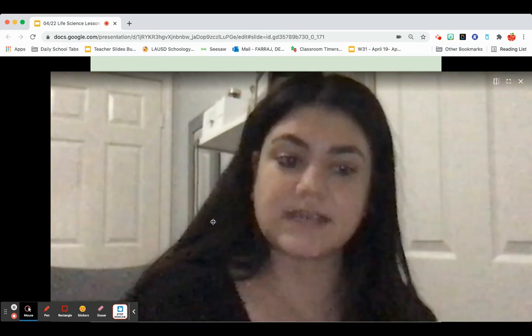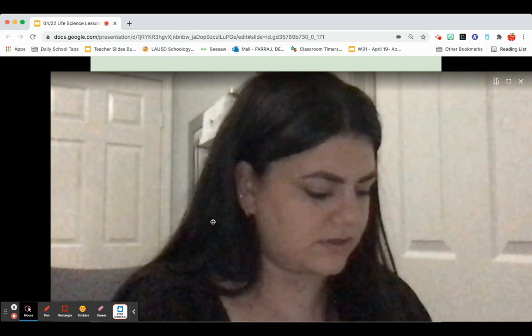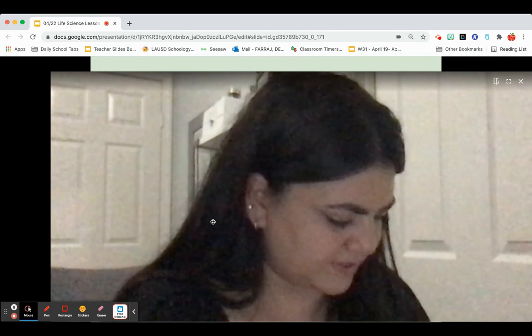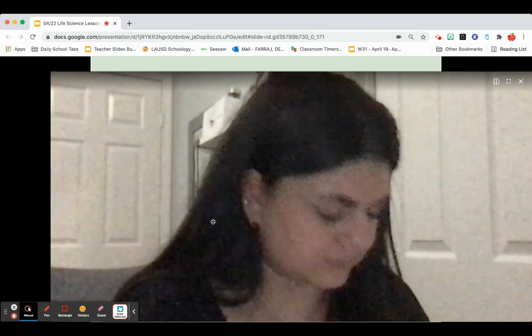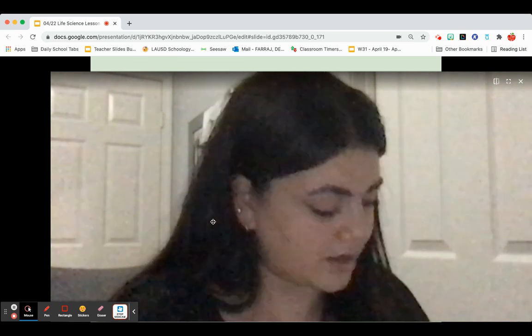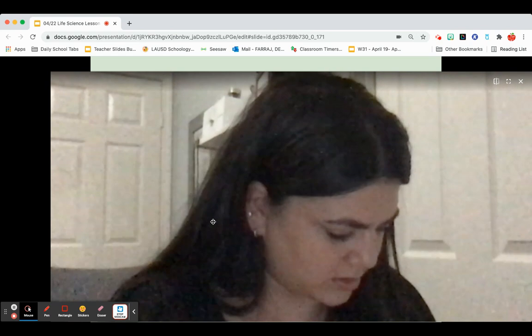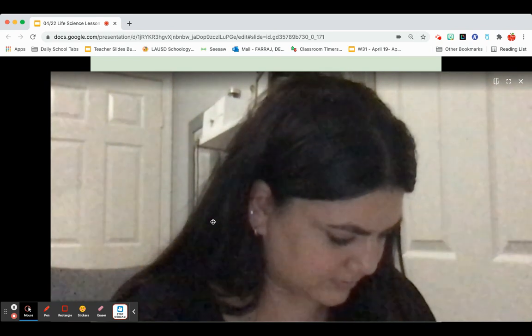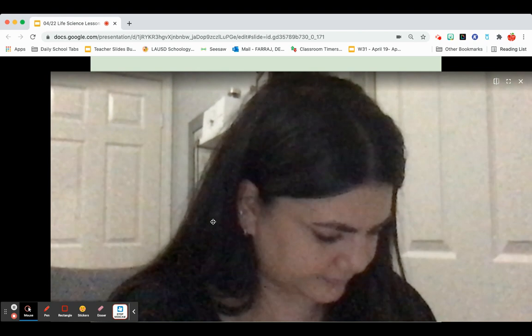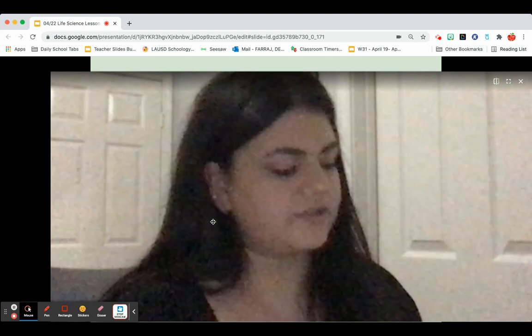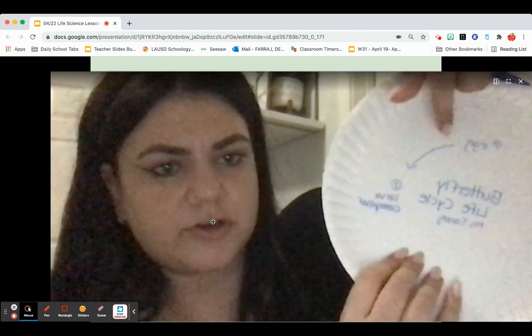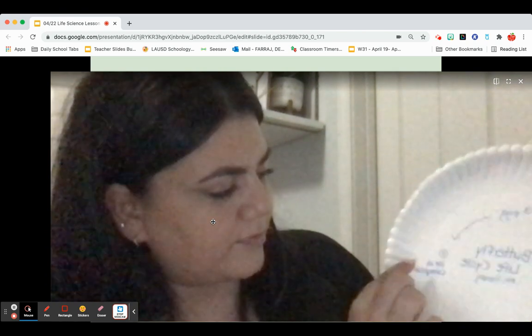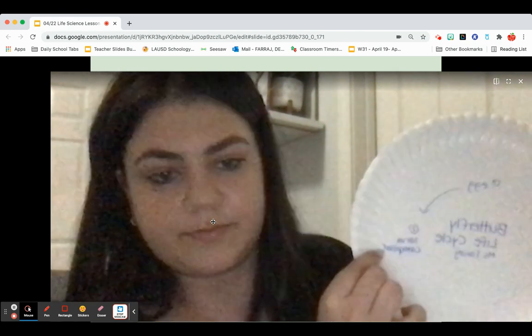Well, what's the next stage of the life cycle? After egg comes larva or caterpillar. So I drew my arrow to show that this is the next stage, and I wrote larva and caterpillar.